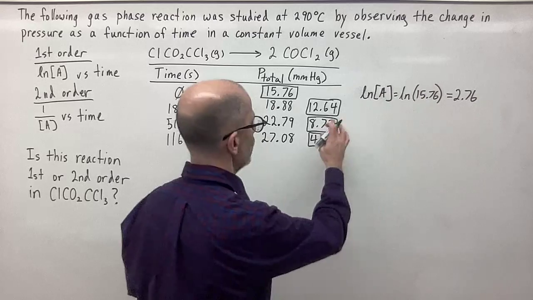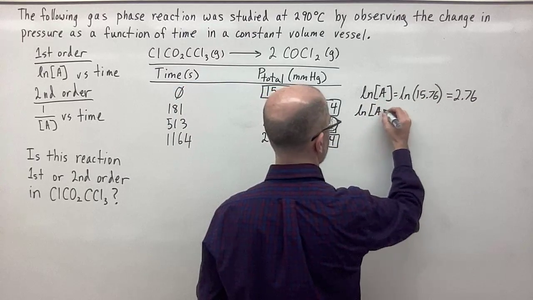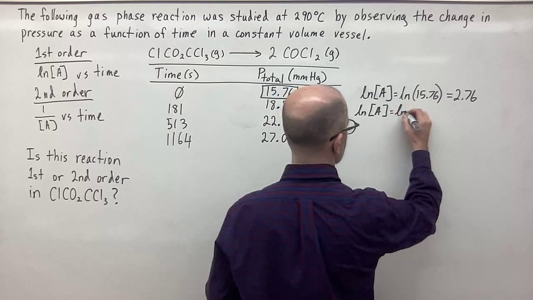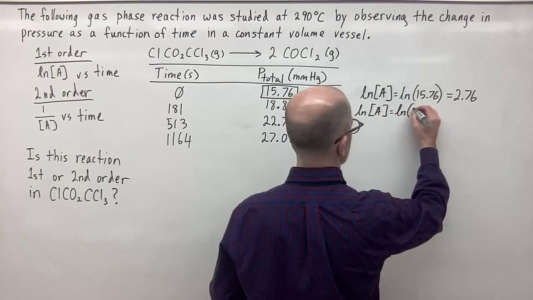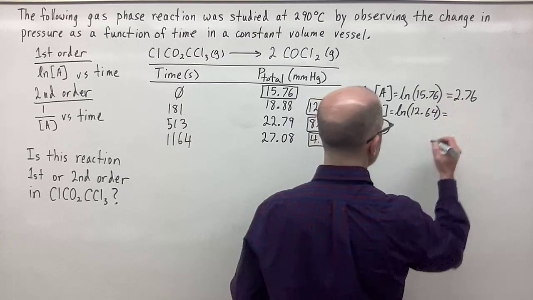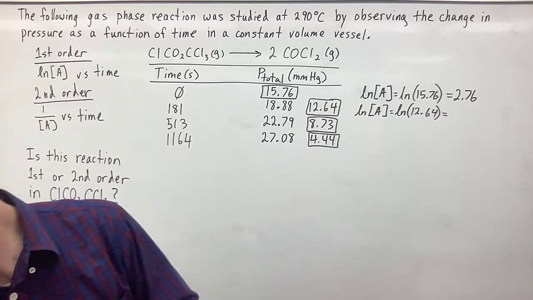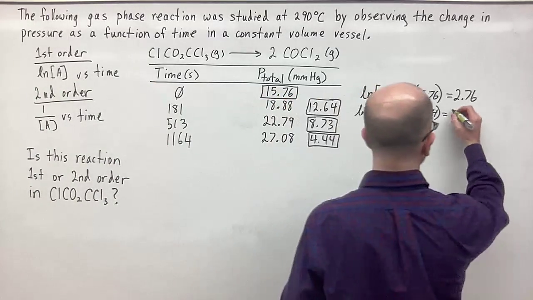And then for this one, I do the same thing. I have the natural log of A, which is in this case the natural log of 12.64. And that's equal to, what did I calculate? 2.54.